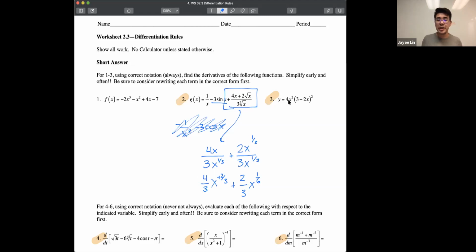What about number 3? We can do the product rule if you really want. Any other ways of taking the derivative without having to use the product rule?